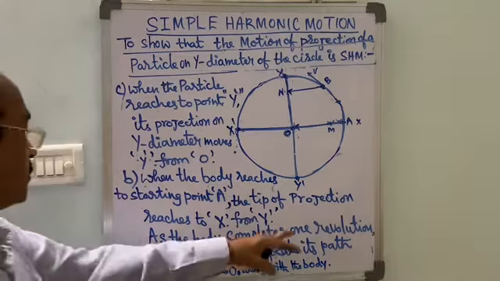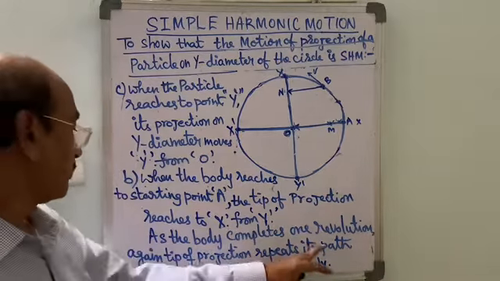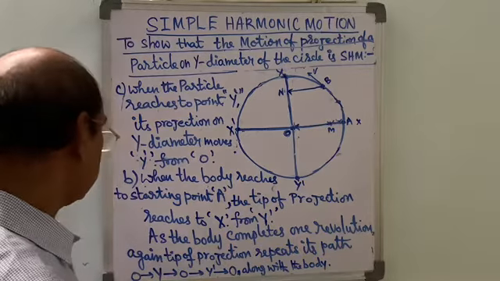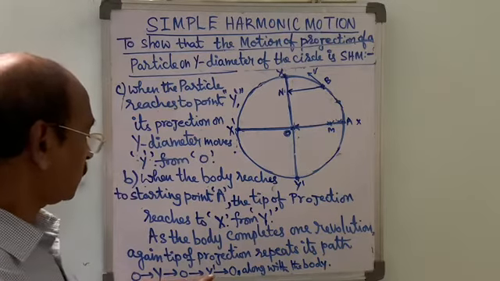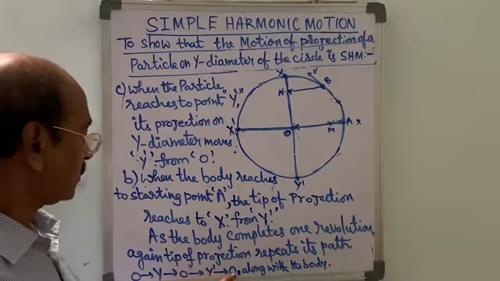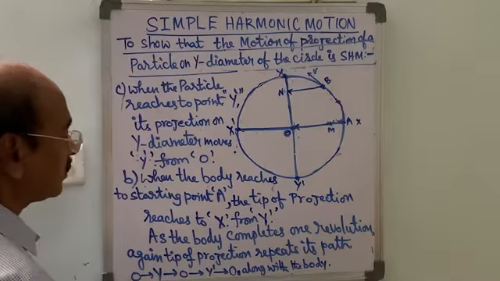As the body completes one revolution, again the tip of projection repeats its path O to Y, Y to O, O to Y dash, and O along with the body.